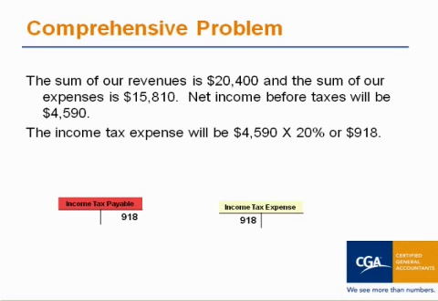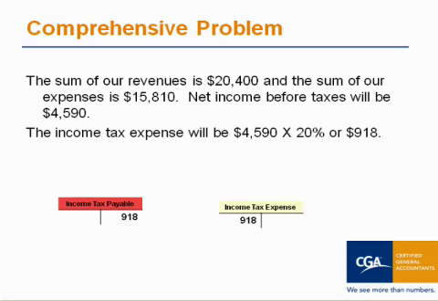So to recap, we sum up our revenues, and our revenues tally up to $20,400, and the sum of our expenses is $15,810. So the net income before taxes will be $4,590, and our income tax expense will be $4,590 times 20%, or $918.